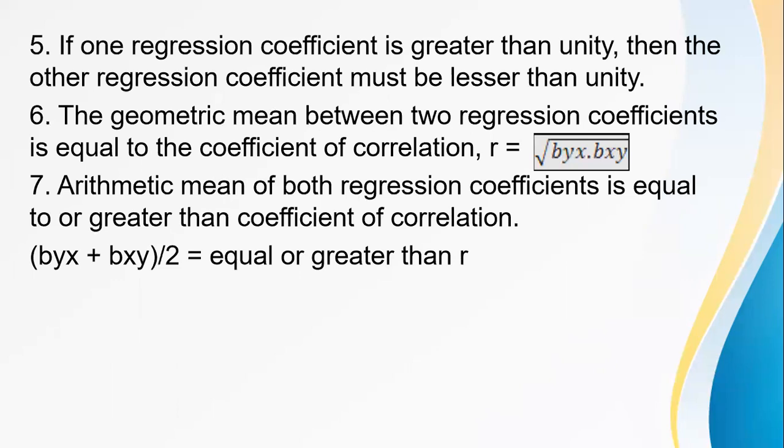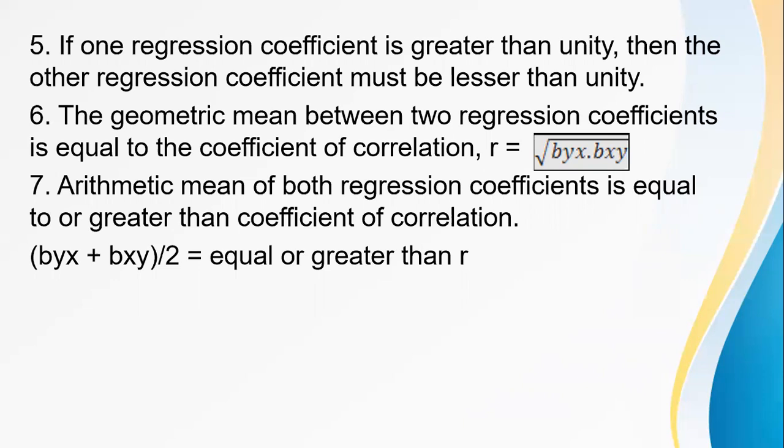If one regression coefficient is greater than unity, then the other regression coefficient must be less than unity. The geometric mean between two regression coefficients is equal to the coefficient of correlation. r equals root of bxy into byx.